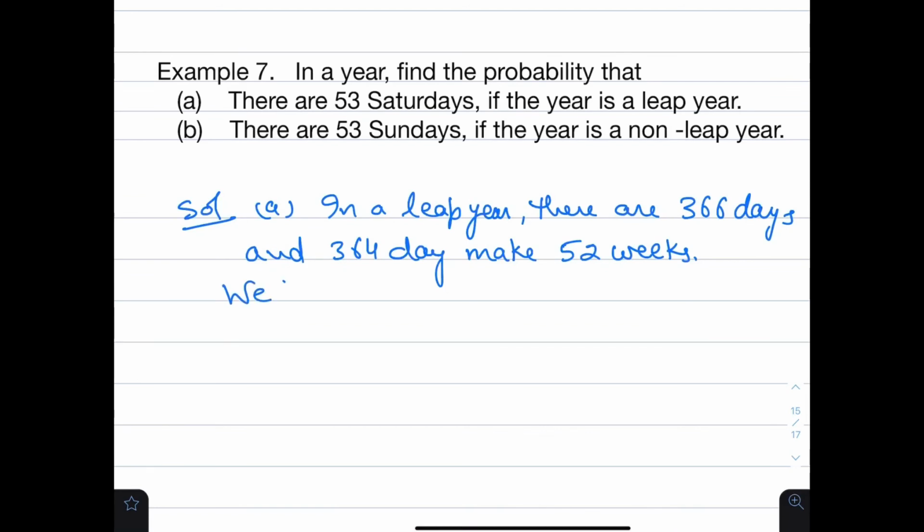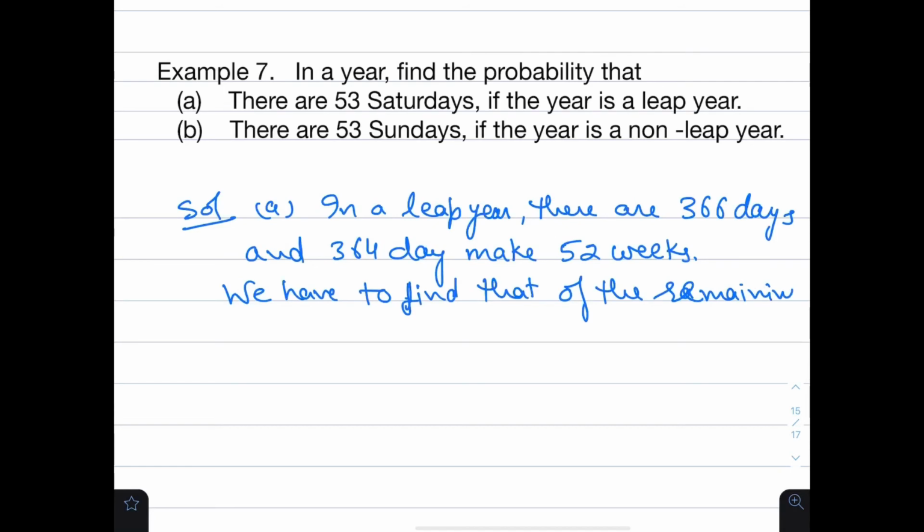Now we have to find that of the remaining 2 days, there is one Saturday.